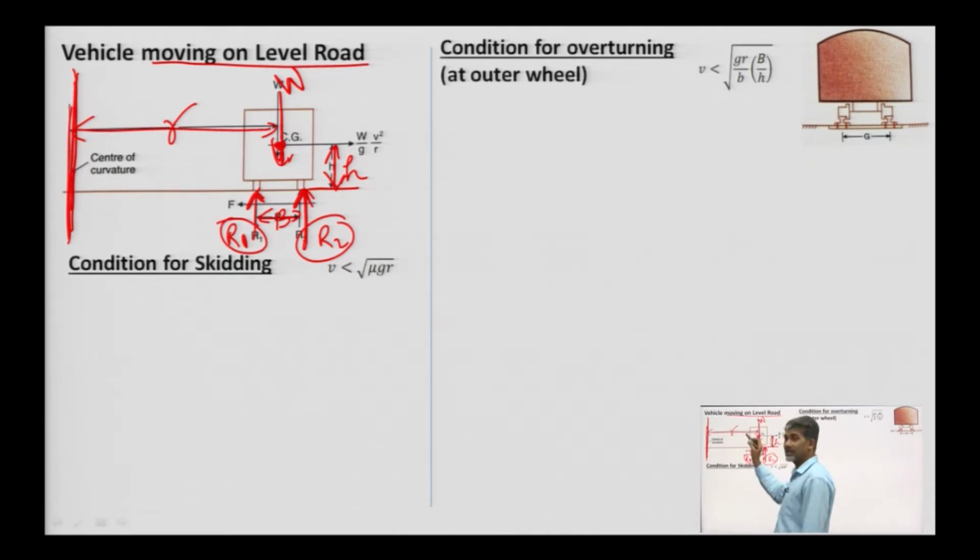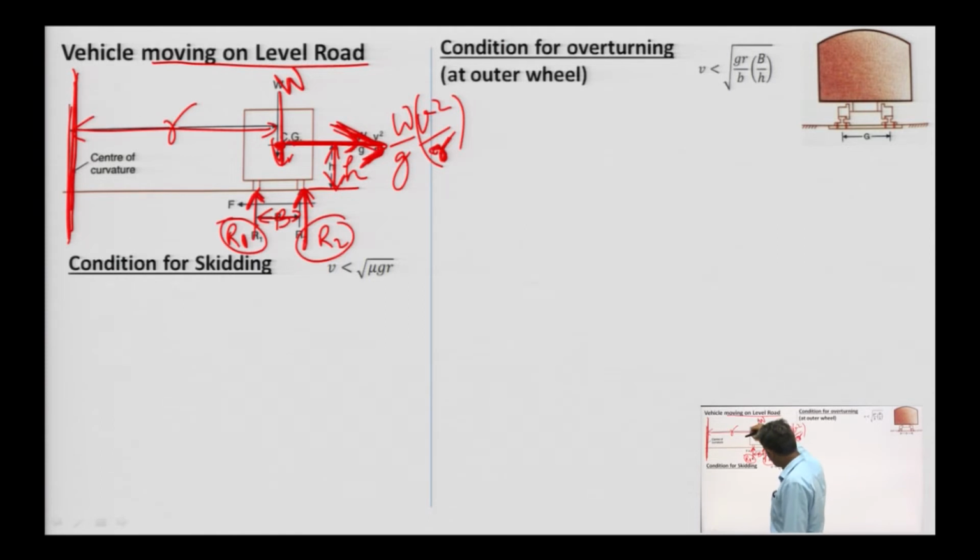To make this a dynamic equilibrium, we need to apply an equal and opposite force against this centripetal force, which is W by g into V square by R. It acts against the centripetal acceleration, so to make the dynamic equilibrium it acts in this direction.